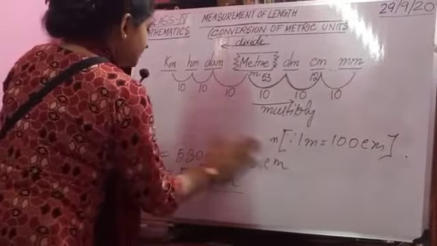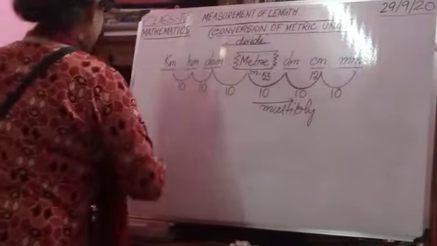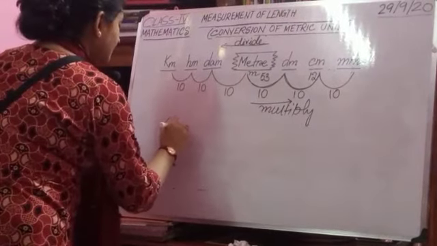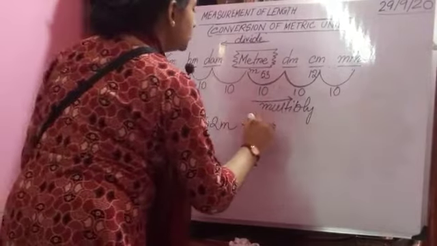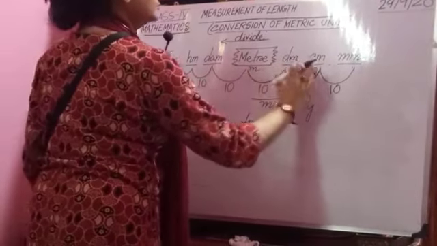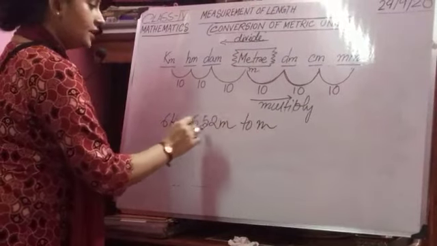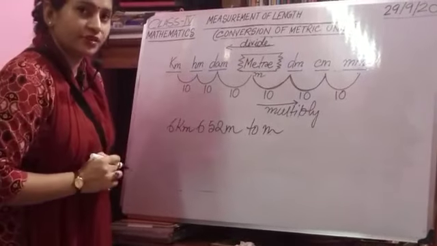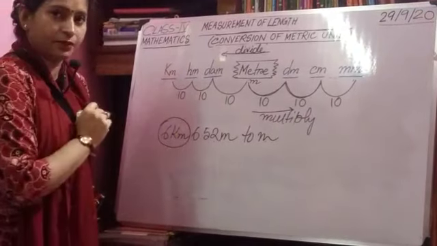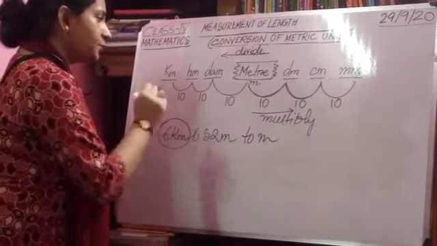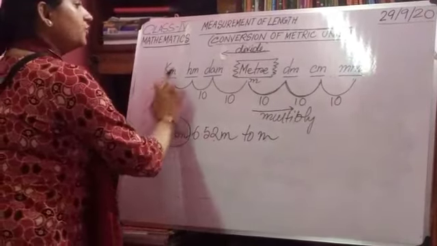Now, let's move on to our next sum. 6 kilometer, 652 meter to meter. So, we have to convert this into meter. 652 is already in meter. Only we have to think about this number: how to convert this into meter. So, 6 is sitting here and it has to reach here.